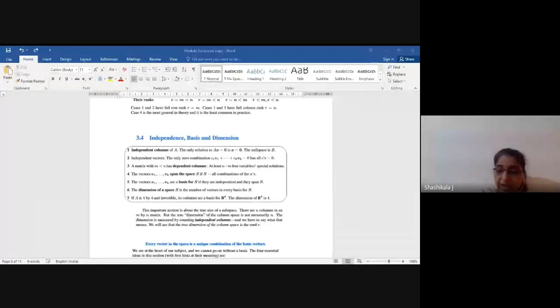So my elements are 1 space 2, next is 3 space 4. That means my matrix is 1 2 3 4. Now in the chat box, tell me whether it is an independent or a dependent matrix.